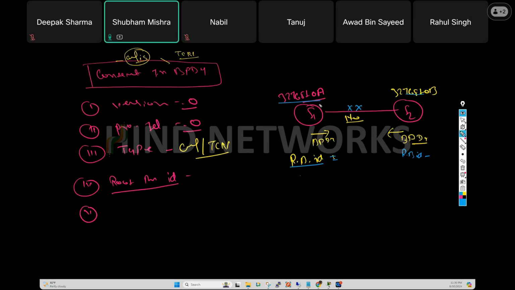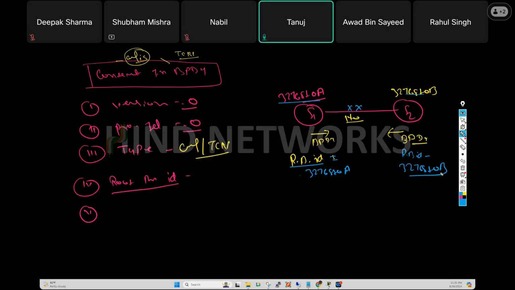So in the root bridge ID, you will get 32768 plus 0A here, and 32768 plus 0B here, because before the election, both switches announce themselves as the root bridge. Does anyone not understand?